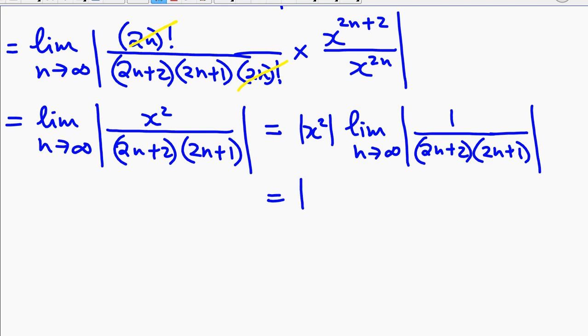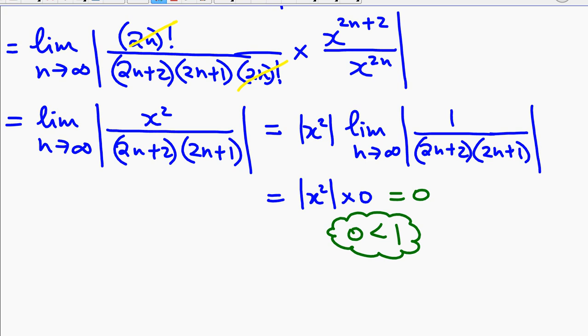So absolute value of x squared multiplied by 0, which is just equal to 0. So this is 0, so we have 0 is less than 1. For the ratio test, we know that when our limit is less than 1, then the series converges for all values of x.